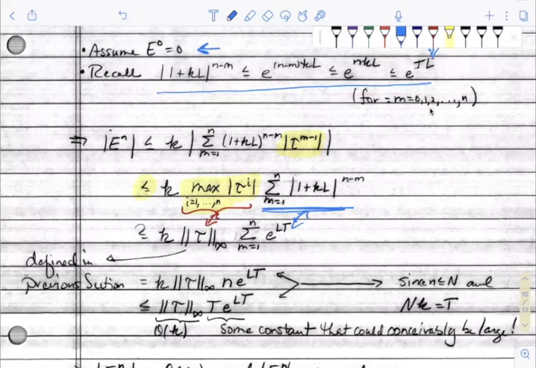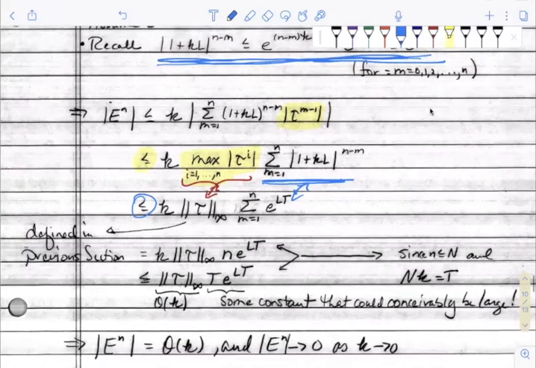So again, inequality, where now we're applying the thing right up here. So we are replacing each one of those summands with e to the LT, and then we're just summing it up n times.